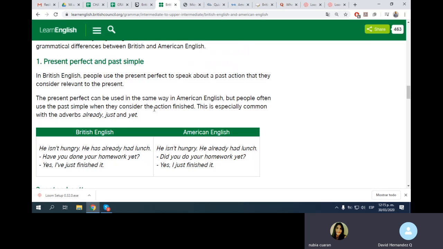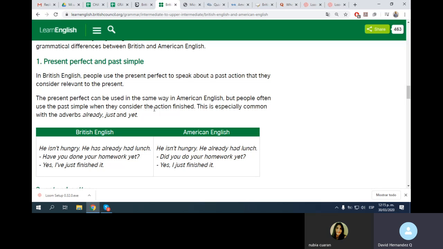Entonces, esa misma diferencia está en el inglés británico y en el inglés americano. Cuando un británico quiere expresar algo que ya pasó, pero que todavía es importante para el momento en el que está hablando, utiliza el presente perfecto, que es la combinación del haber con el verbo principal en pasado participio, como yo no he comido, yo no he estudiado. ¿Listo?